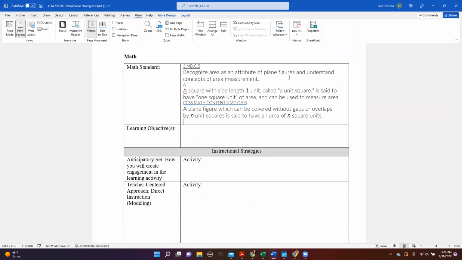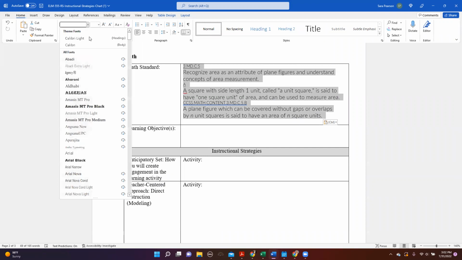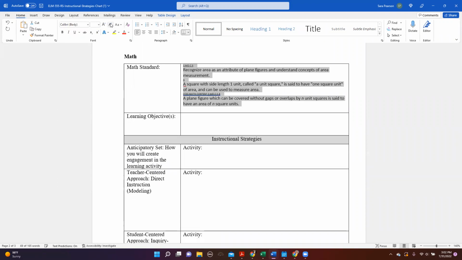I'm going to include both of those parts just because they are important parts of this standard. It really gives me the specificity that I'm looking for. So part A and part B are both here as well.